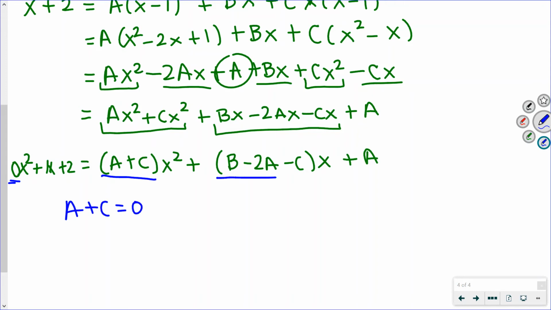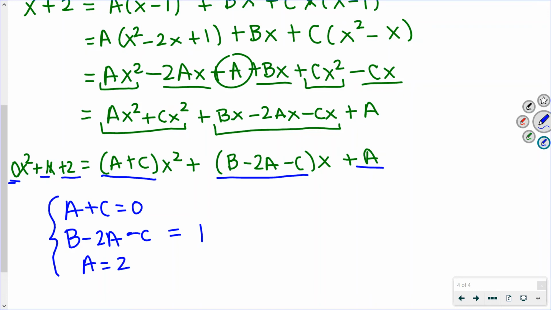And then this mess here equals 1. So B - 2A - C equals 1. And then this equals our last term, which is A. So A equals 2. And I'm sure you can solve this by hand. It's not a difficult one to do by hand.